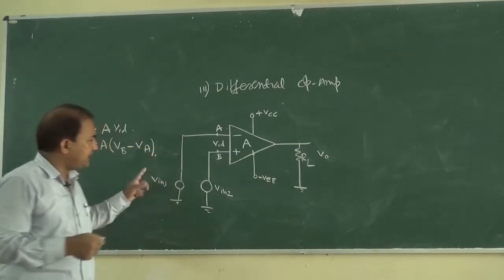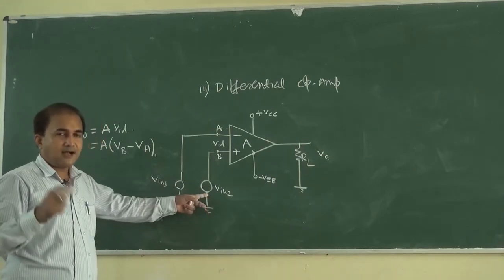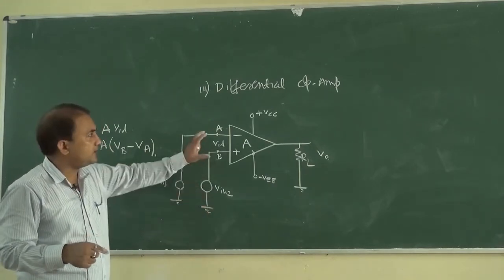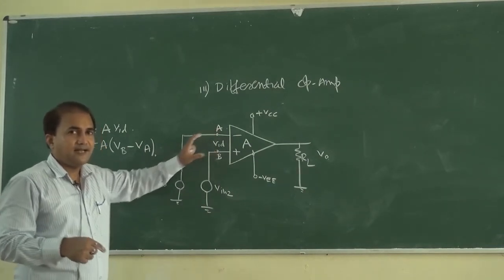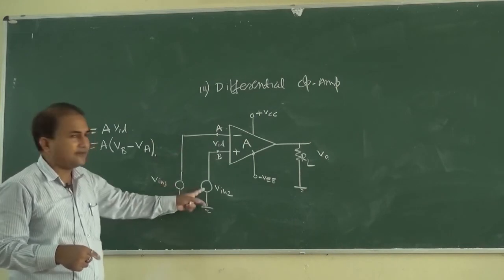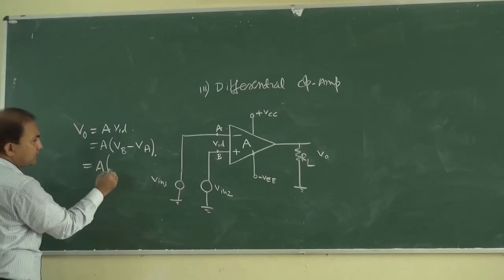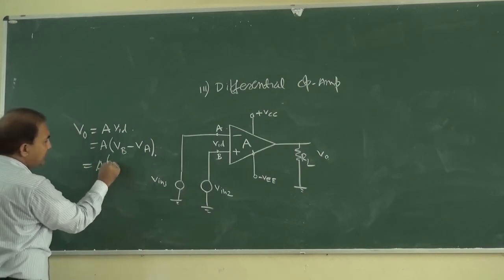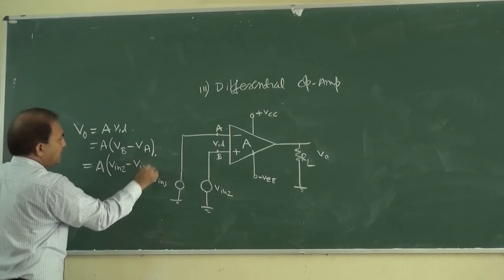Now if the internal resistances of these two voltage sources are very small as compared to the very high input resistance of the operational amplifier, then we can neglect the internal resistances of V_in1 and V_in2. So we can also write VID is equal to VB minus VA, it is equal to V_in2 minus V_in1.